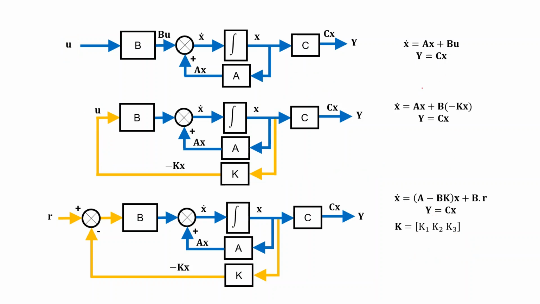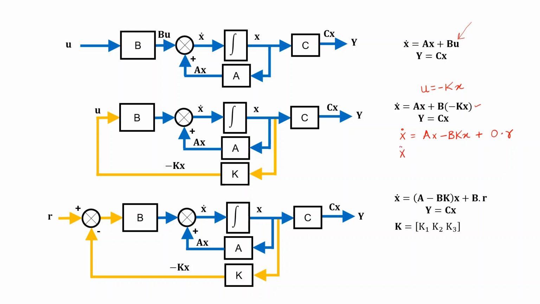What we are doing is putting u equal to minus Kx. We are feeding back minus Kx as an input. So we put u as minus Kx, and we get this equation. If we solve it, then x dot is equal to Ax minus BKx, and there is no other external input. Let's say that the external input is r.